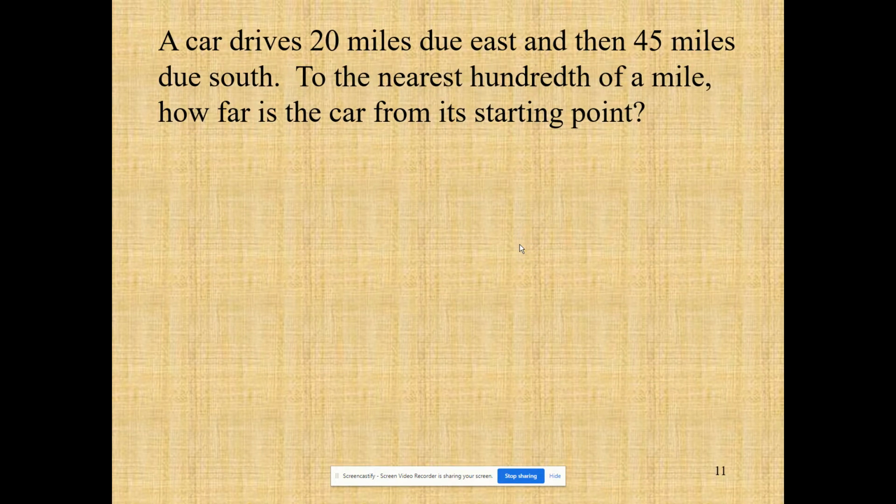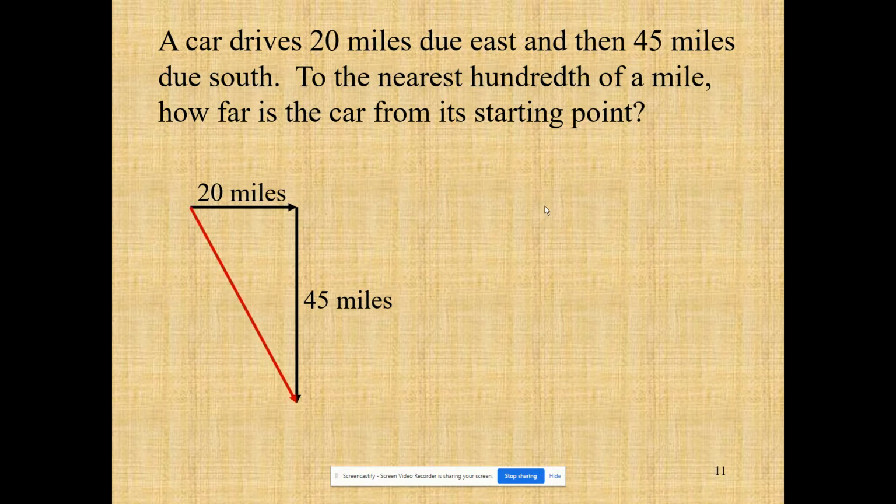Okay, let's look at this one right here. A car drives 20 miles due east and then 45 miles due south. To the nearest hundredth of a mile, how far is the car from its starting point? Okay, due east, 20 miles, and then it's going to go sharply south, 45 miles. This is the distance that we want to figure out, how far it is from the starting point.